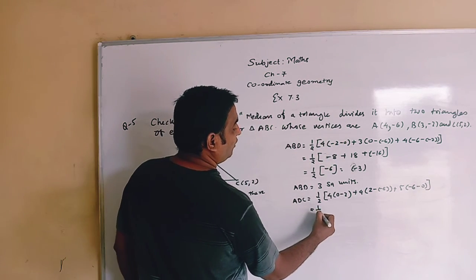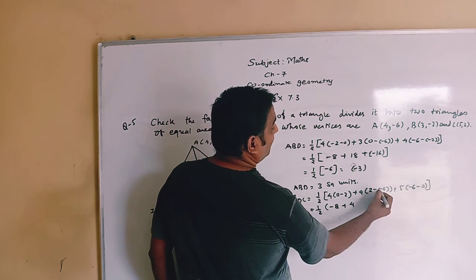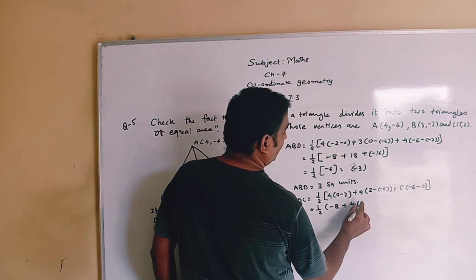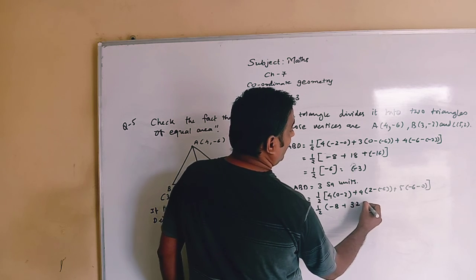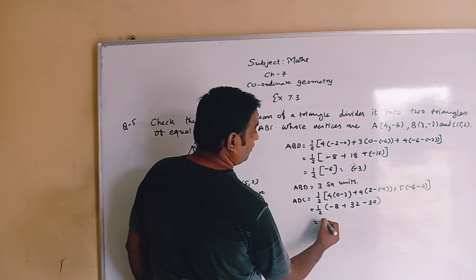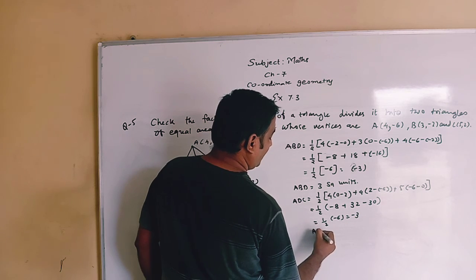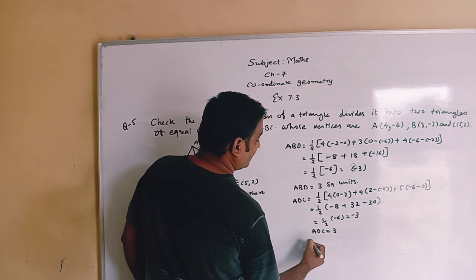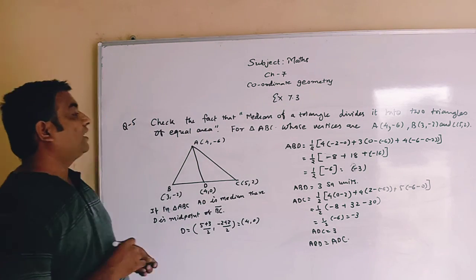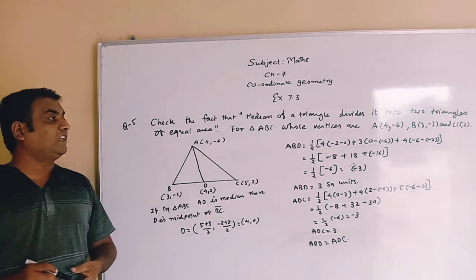And so it will be 1 by 2, 4 into minus 2, minus 8, plus 4 into minus 4, minus 16, plus 5 into minus 6, minus 30. So minus 38 plus 32, that is minus 6, and so minus 3, and so ADC equals 3. And so we can say that ABD equals ADC, and so we can say that the median AD divides the triangle ABC into triangles which have equal area.